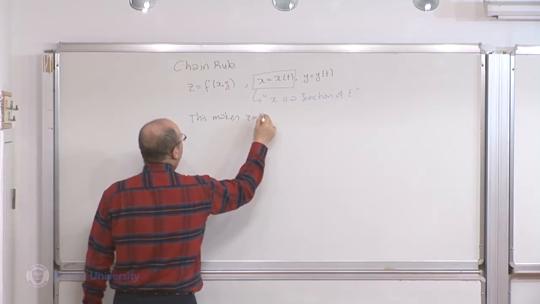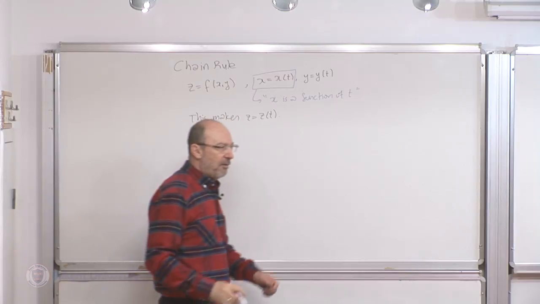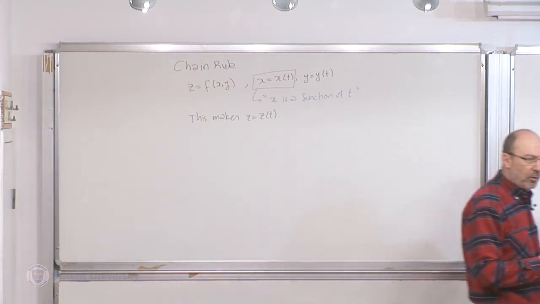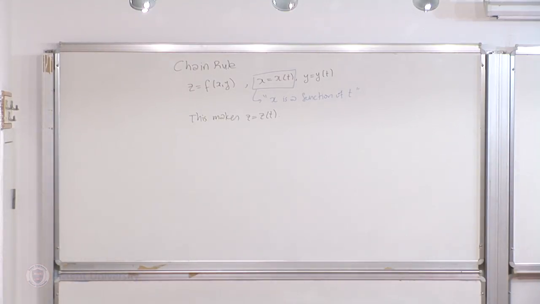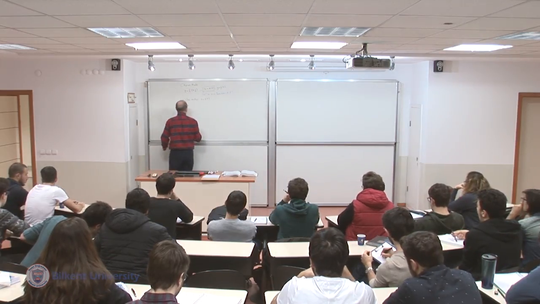Then this makes z a function of t, and then it is natural to ask how fast this changes with respect to t. Of course, we will be interested mostly in the cases when all the involved functions are differentiable. But at this point, let us make the general definition.